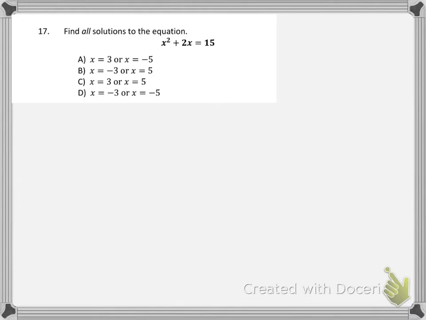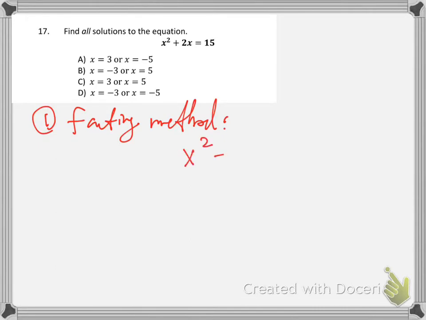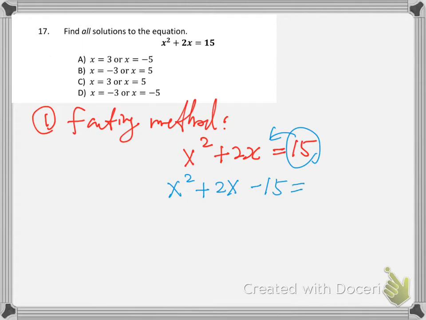That's our first method, method 1, factoring method. x squared plus 2x is 15. Same idea: first we move everything to the left, making sure the right hand side is 0. So we got x squared plus 2x minus 15 is 0.